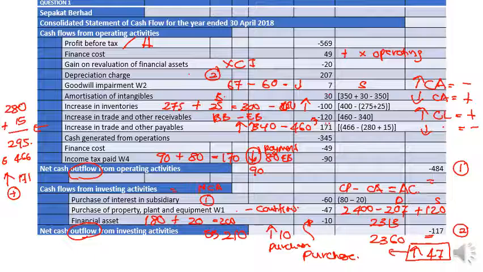Add the 25 from the acquisition of Semangat, and then you're going to have 300 here as the beginning balance. Now the ending balance here is 400. Compared with the 300, it means that there is an increase by 100. So the increase in inventory here we need to minus, because this is your current asset.